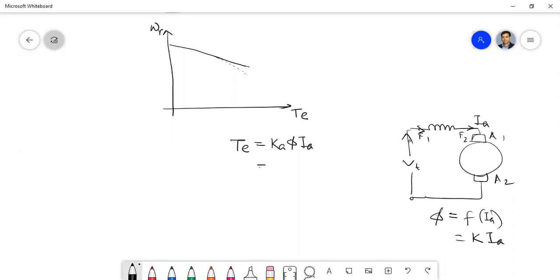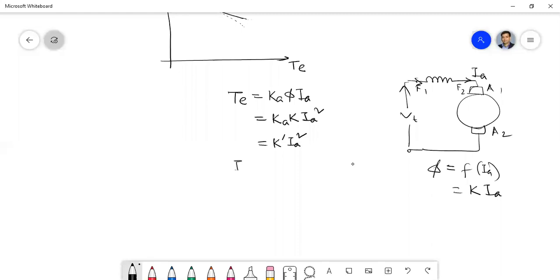If we substitute that here, you will get some constant into Ia squared. So here the torque is proportional to the square of the current.